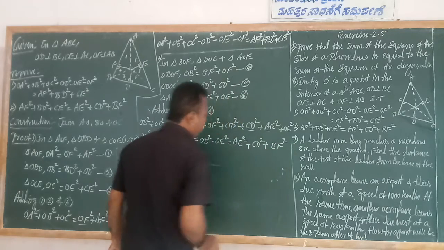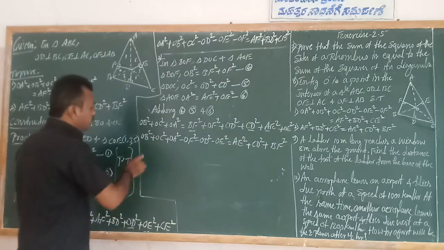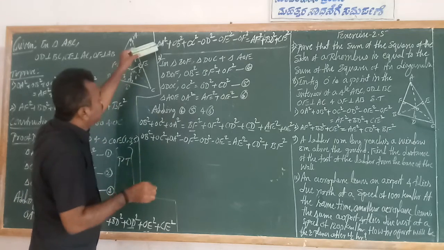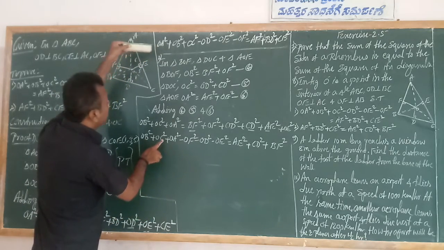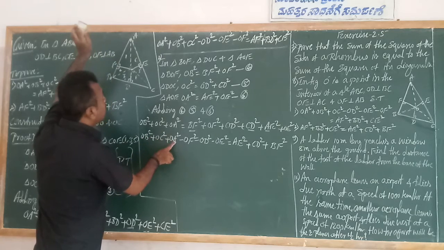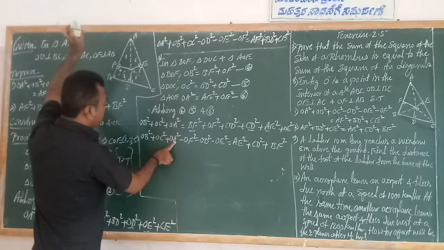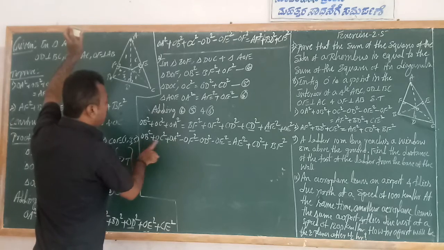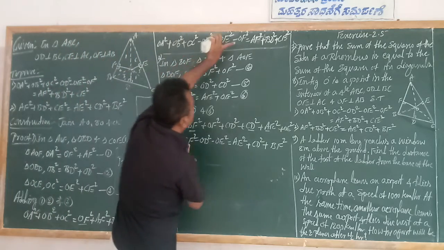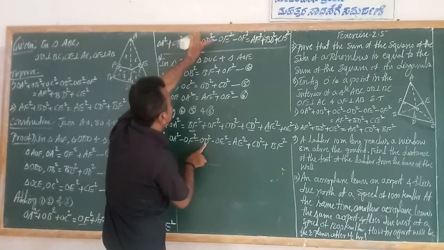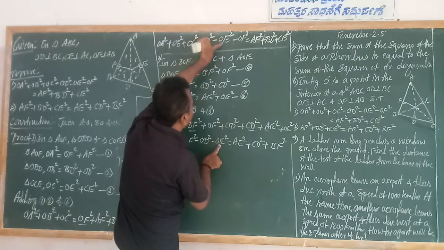So these are the remaining on the RHS side. See, OB square minus OA square minus OC square, minus OF square, minus OD square and then minus OA square.